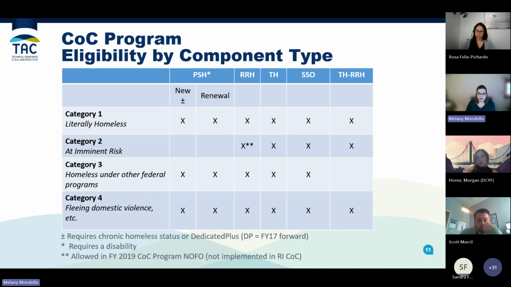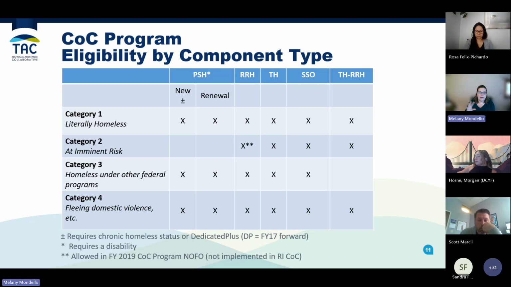So I do have a note here because HUD sets federal national rules, and then each CoC takes those rules, looks at the needs that they have, and then they set local rules. So right now, for category 2, you can see we have a little asterisk. Category 2 is not implemented at this time for rapid rehousing CoC programs in Rhode Island.